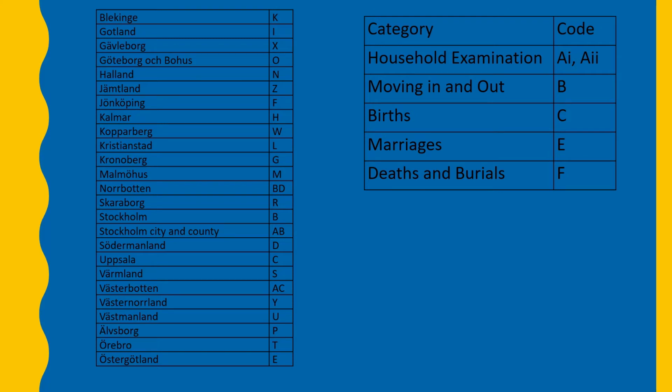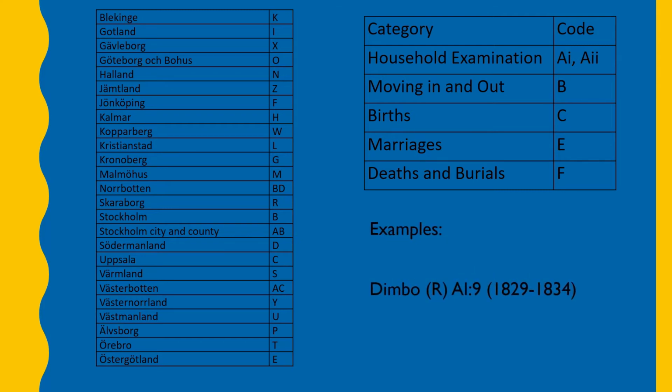Sometimes people will write out the whole thing, they'll write births. Sometimes they'll just write the code. These are the records that we're going to be using to do family history. There are more records than this, of course, but these are the only ones you need to do basic Swedish family history.